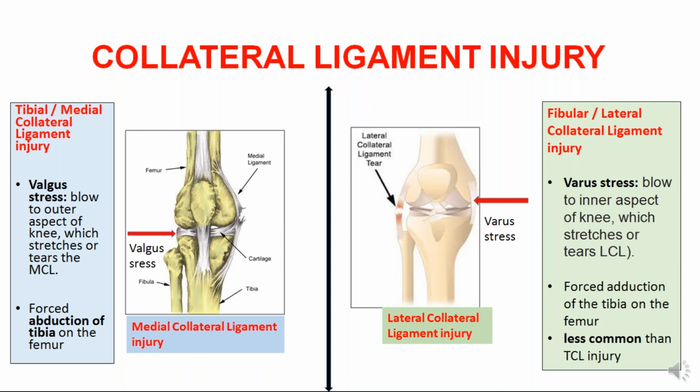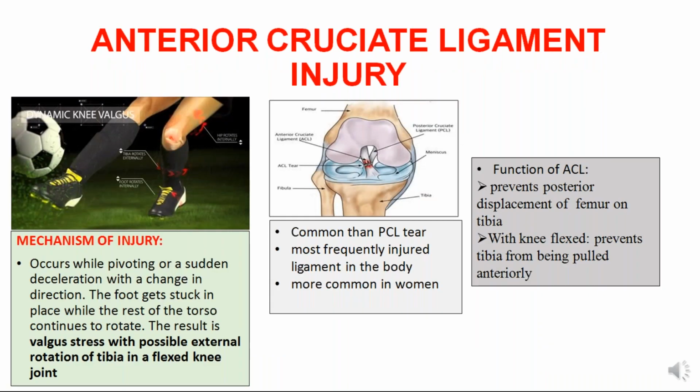Now we come to the most frequently injured ligament in the body, and that is the anterior cruciate ligament injury. In this picture, you can see the anterior cruciate ligament.